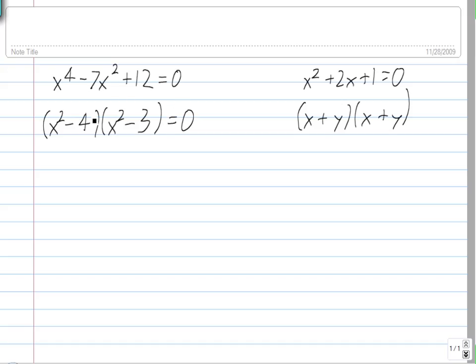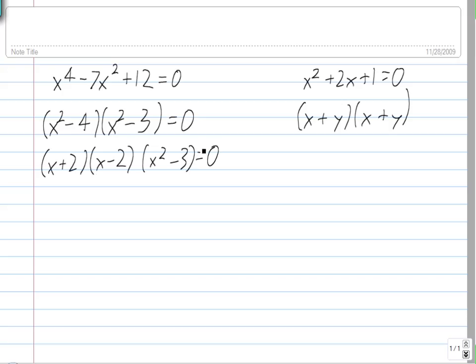Now we can notice that 4 is a perfect square, so we can factor that into x plus 2, x minus 2. And then we still have the x squared minus 3 equals 0.